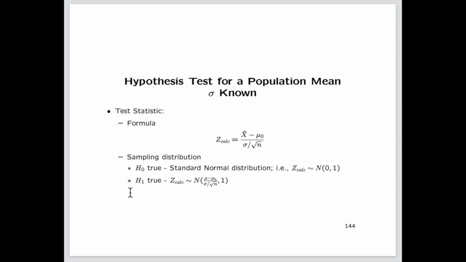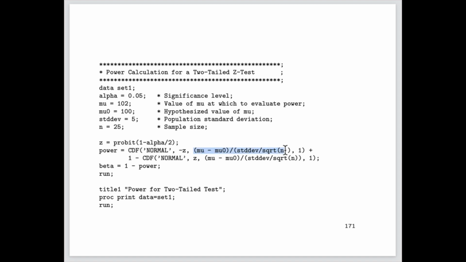In particular, we said that if the alternative hypothesis is true, then zcalc, while it has a normal distribution and a standard deviation of 1, the mean of that distribution is mu minus mu naught over sigma divided by the square root of the sample size. And so that is why we are using this expression right here. And it also shows up right there as well.